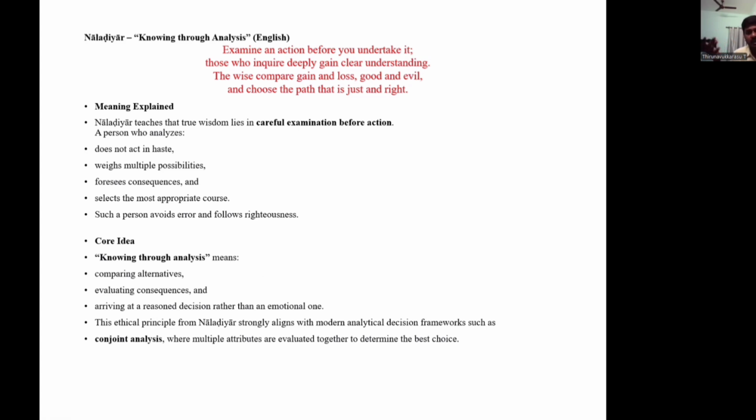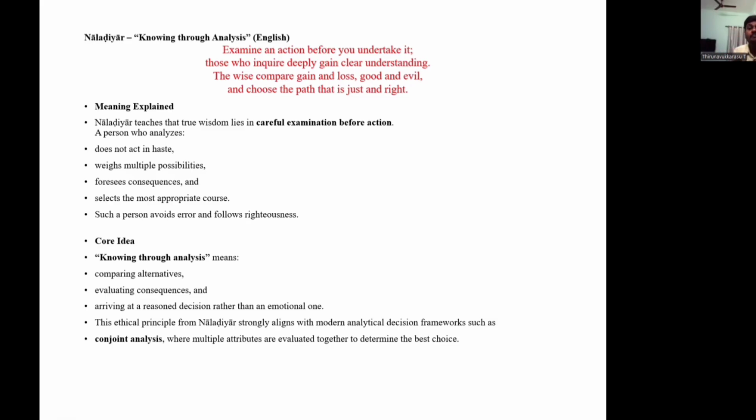So I may compare the two things. In a decision framework such as the conjoint analysis, we are comparing different profiles, which means product A, product B, product C. These three are brand A, brand B, brand C. These three are profiles. There are different attributes, which is about color, price, or some other features we can add.